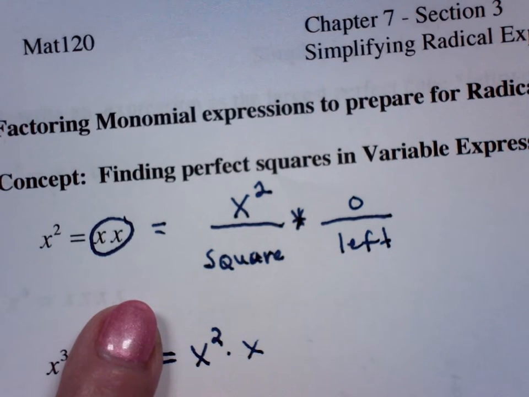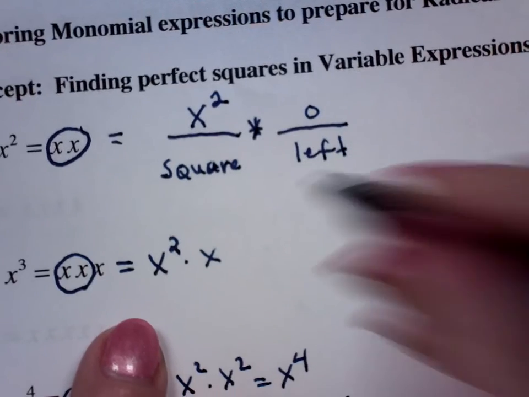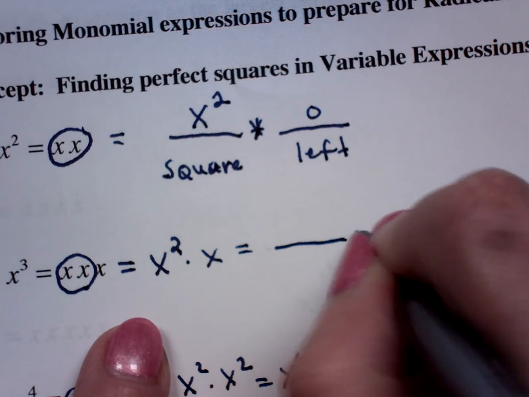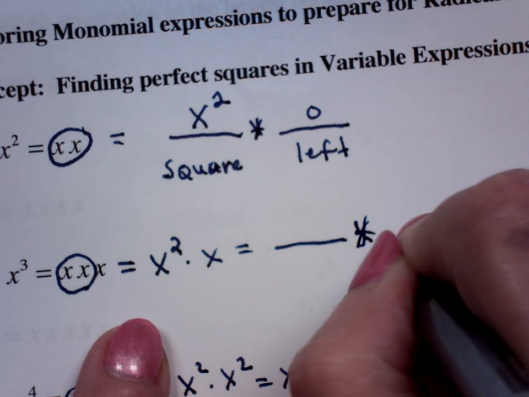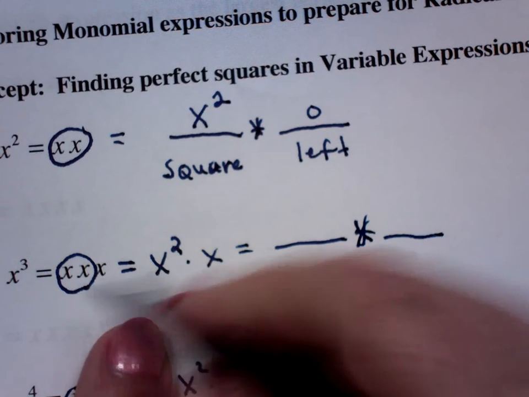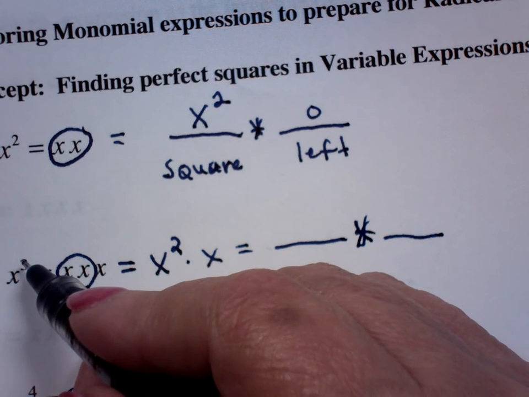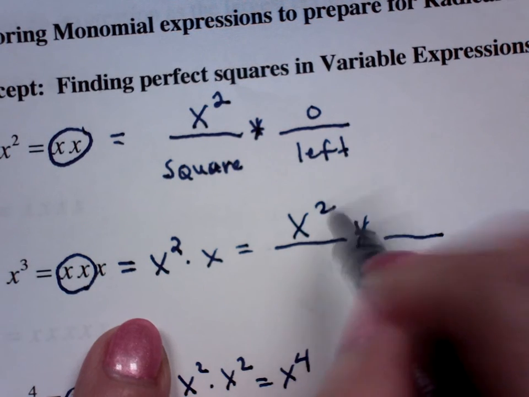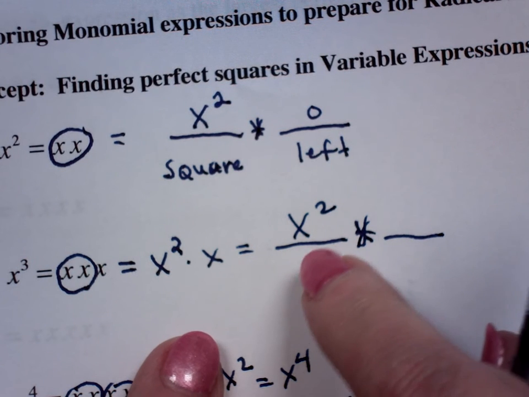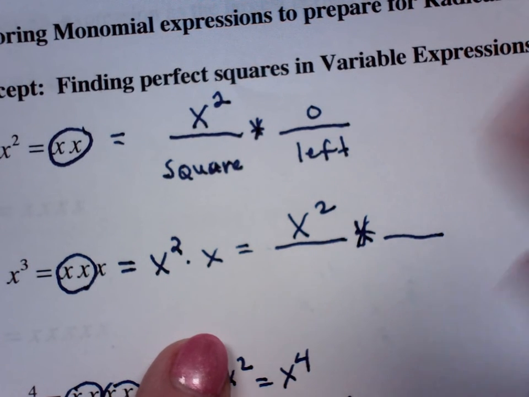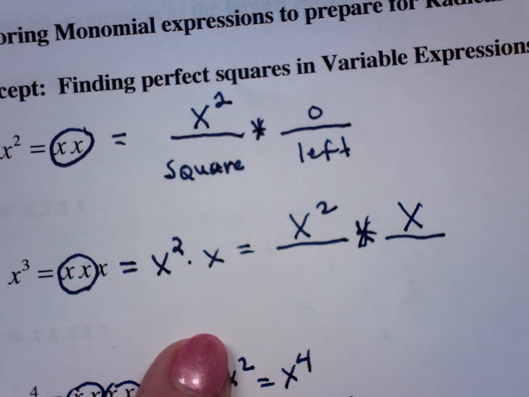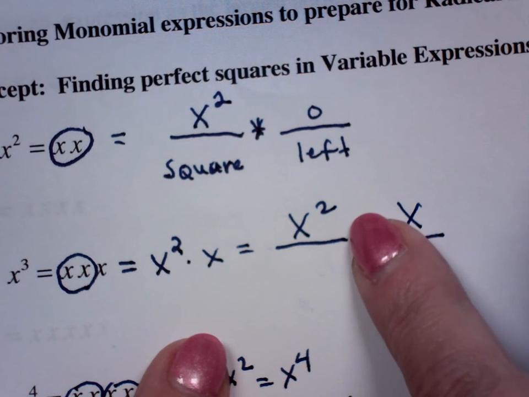So he is a square. If I look at x cubed, the largest number divisible by 2 before 3 is an x squared. That's your square. I have 3 x's, so I have 1 left over.